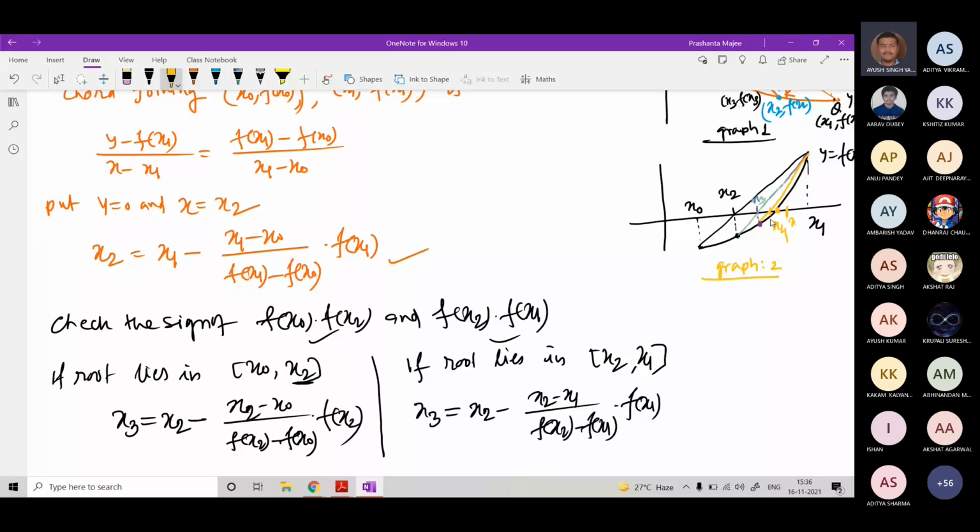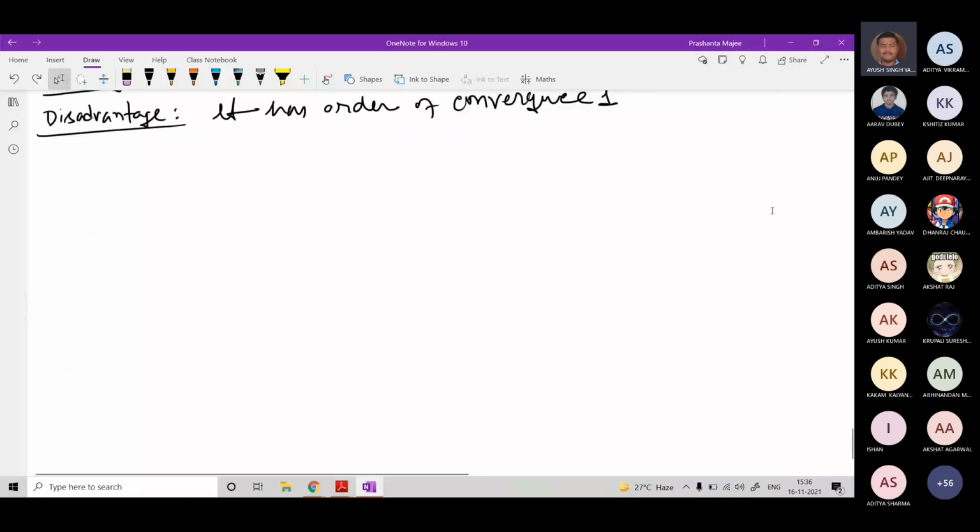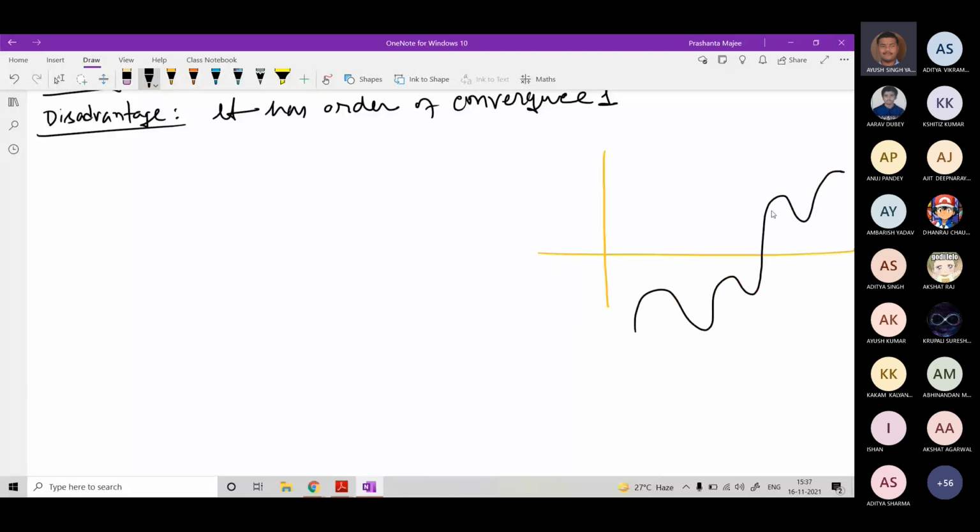Let us create a new graph and show it. We have considered a very simple graph. Let us try to make one. I have not thought about it, but since you are asking, I got your doubt. Suppose this is the curve, the graph y equals f of x. Here it is not that we will be approaching from one side. Sometimes it will be more than the root.